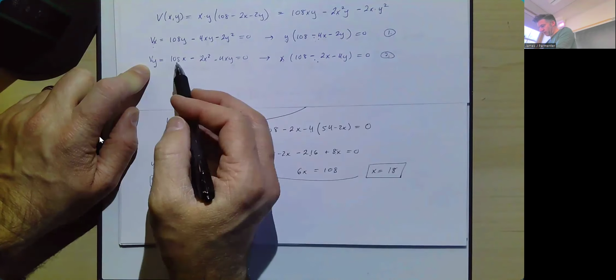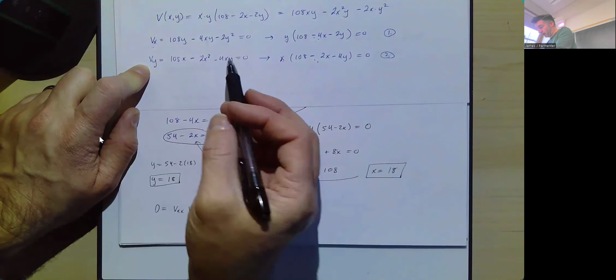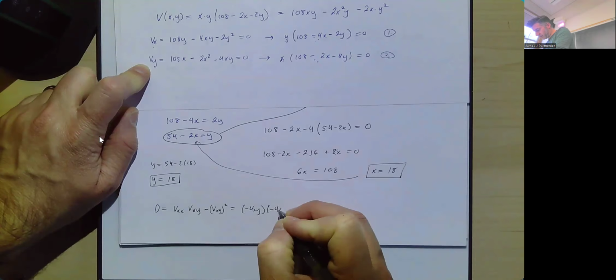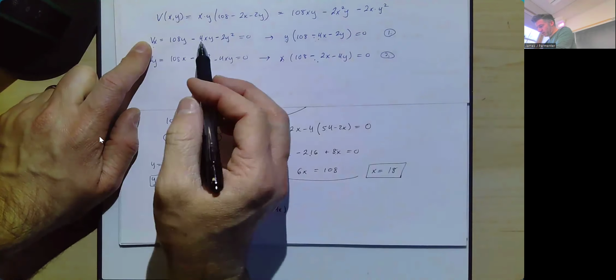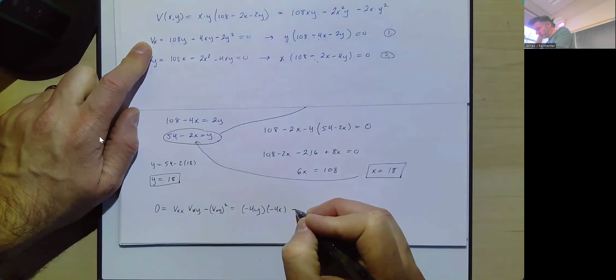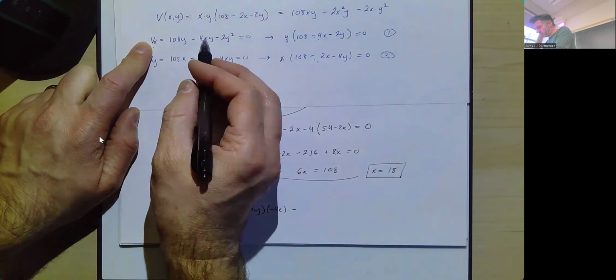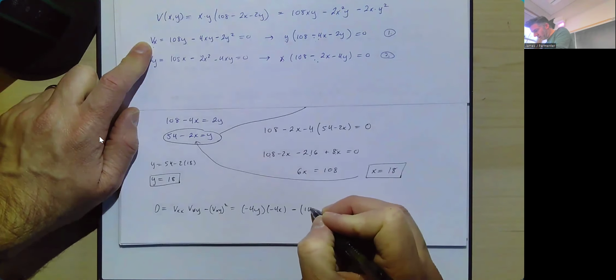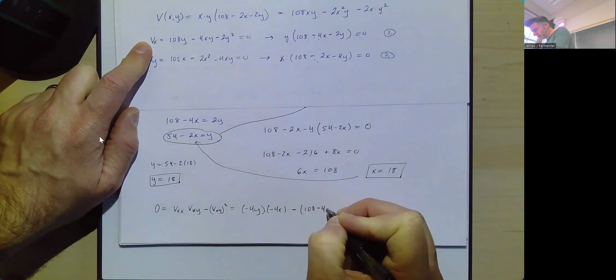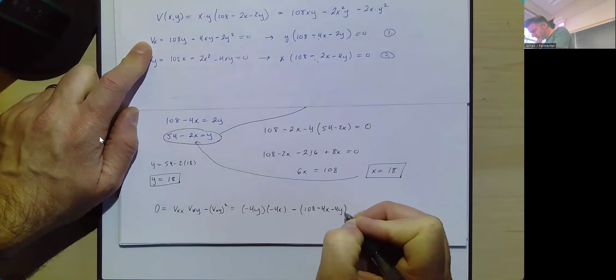VYY is going to be 0 minus 4x. And finally, VXY is going to be a little complicated here. It's going to be 108 minus 4x minus 4y, squared.